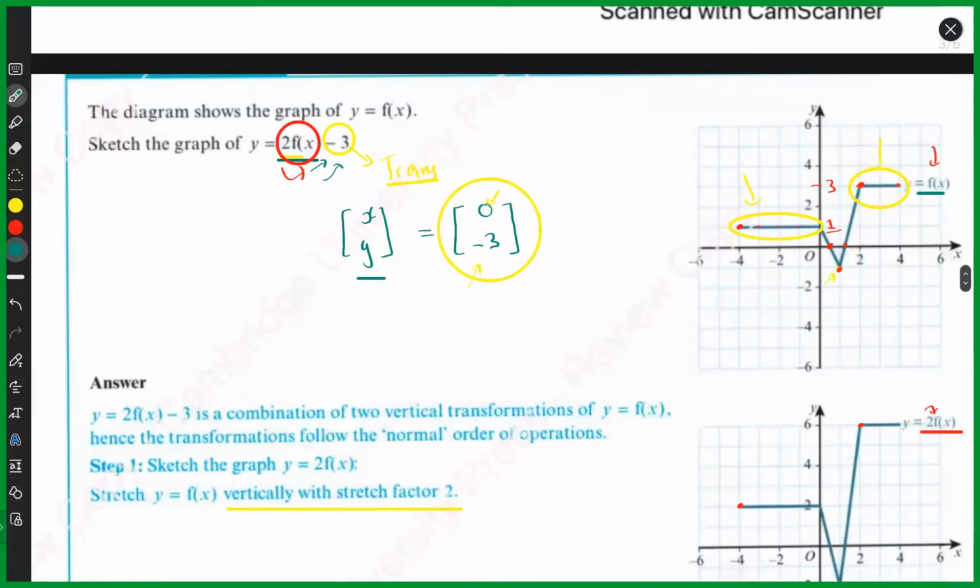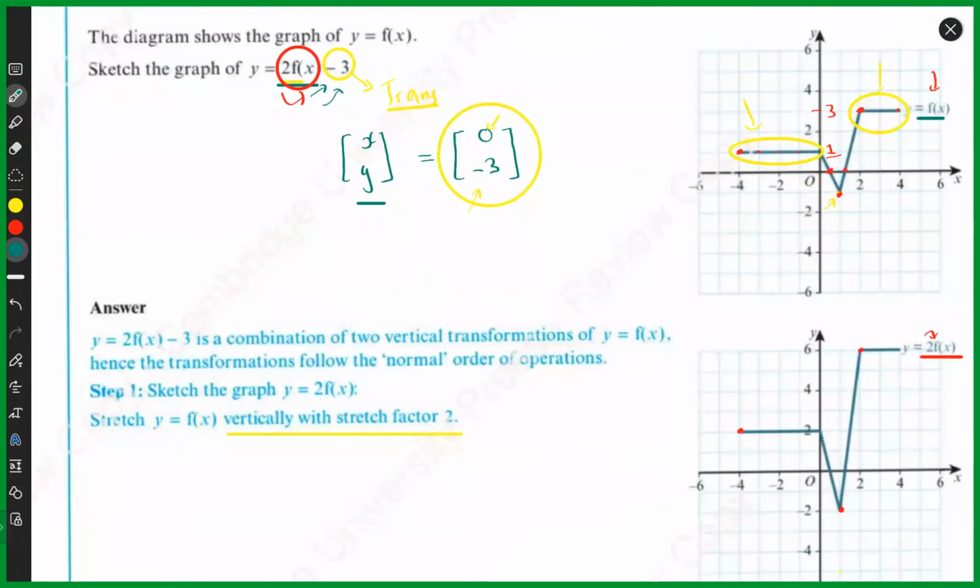Yes, just look at this example. When we are doing 2f(x), it basically means stretch by 2 along the y-axis. And this diagram is only for stretch, it's not for translation. I did not include the translation diagram.